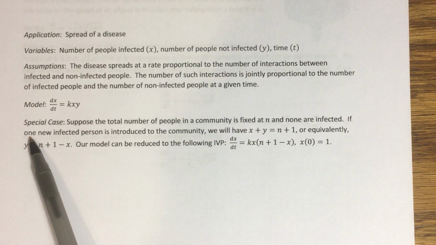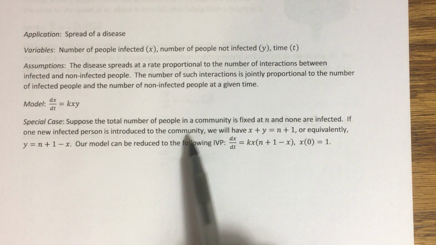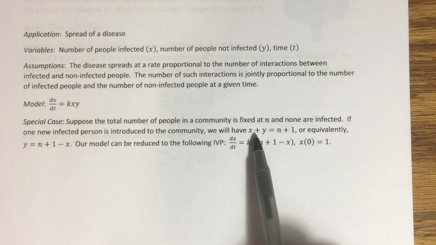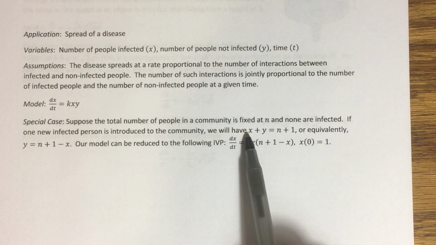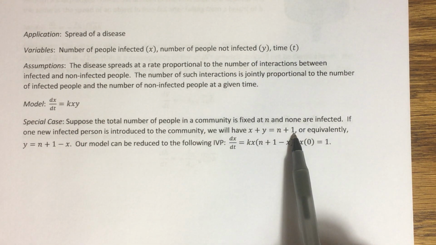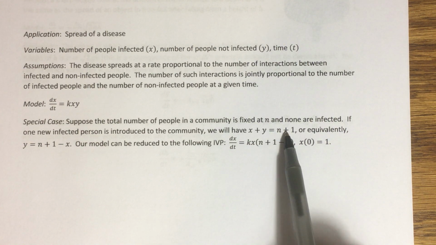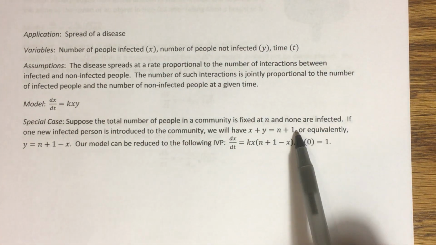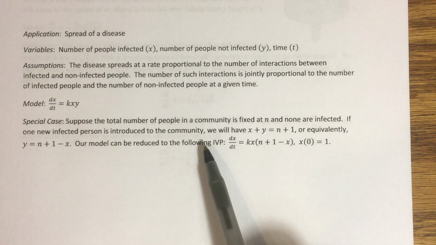If one new infected person is introduced into that community, then x plus y, remember this is the sum of infected people with non-infected people, that would make up the entire population of this town, would equal n plus 1. The original n people in the town plus the new infected person that's been introduced to this community.